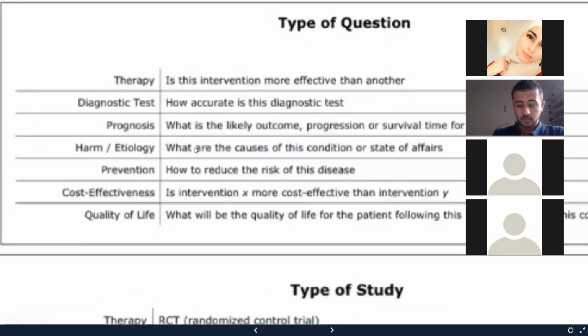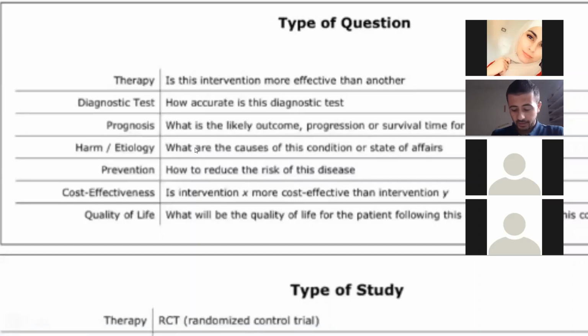It's randomized, should be randomized. It should be blinded, okay? And I have a group of those who have the disease and a group of those who don't have the disease, because I need to assess the specificity and the sensitivity, okay? So if I combine all those, what should the study type be?